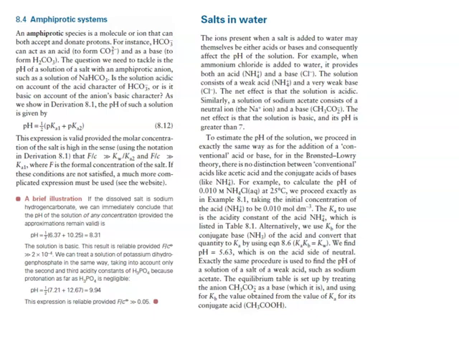To estimate the pH of the solution, we proceed in exactly the same way as for the addition of a conventional acid or base. For in Bronsted-Lowry theory, there's no distinction between conventional acids like acetic acid and the conjugate acids of bases like ammonium.